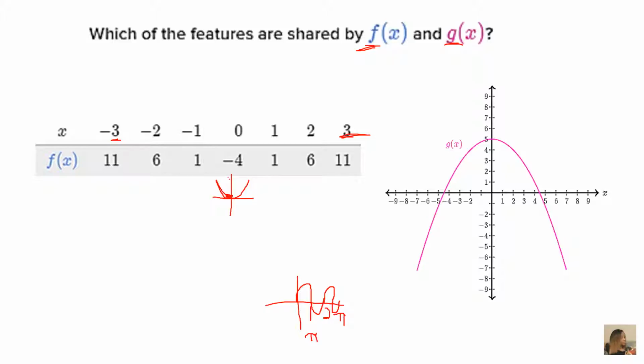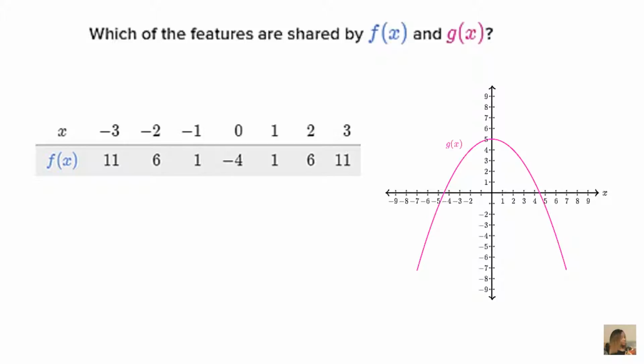Those values will duplicate to the right and the left of 0, but that's it. You'll never get a repeating cycle. And the same here, function g of x is an inverted parabola. You'll get the same output or y values to the left and right of the midpoint, which is centered around 0 as well, but they'll never actually repeat. Try to get that straight in your mind because it can be a little confusing. Parabolic functions are not repetitive, okay? Therefore, they're not periodic.